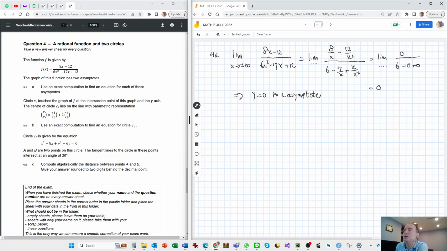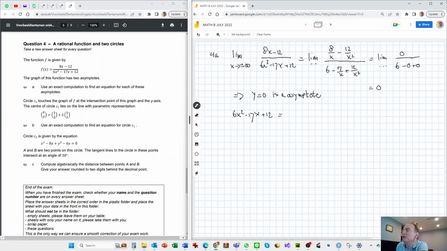So let's investigate that. Let's see if we can rewrite the function, and see if we can investigate where the denominator gets 0 by factorization.